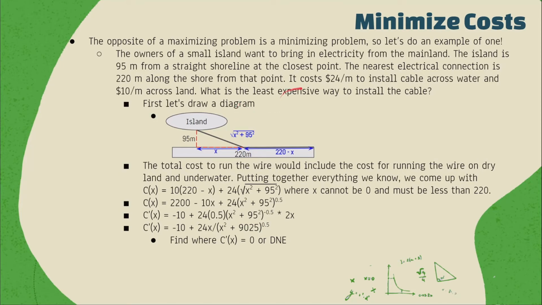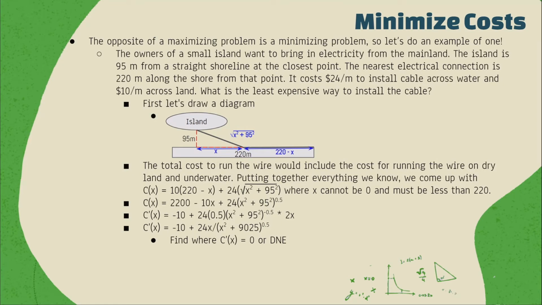The reason for why we're saying x is because, first of all, it's an easier variable, and second of all, 220 minus x is the length of how long the wire would run on land. And again, that is something we need to know to form our calculation.